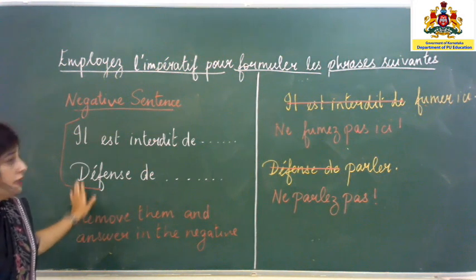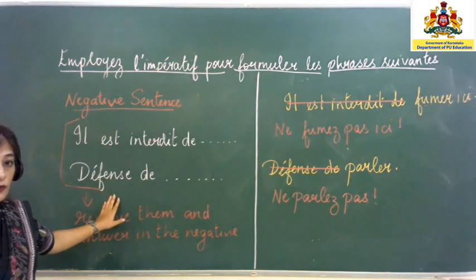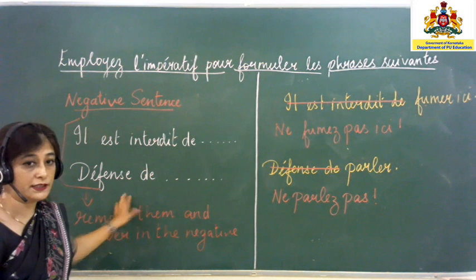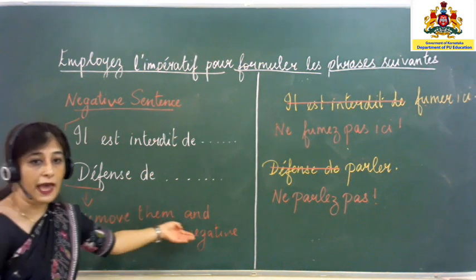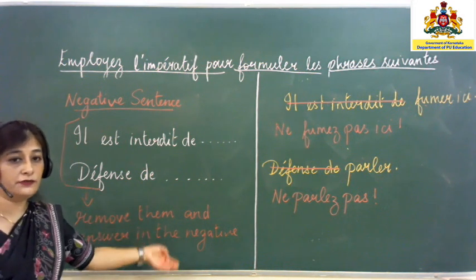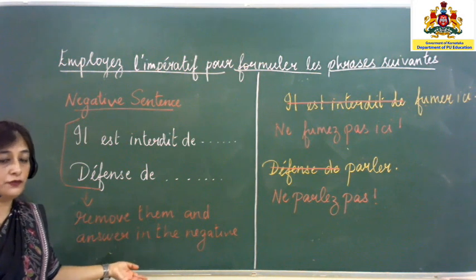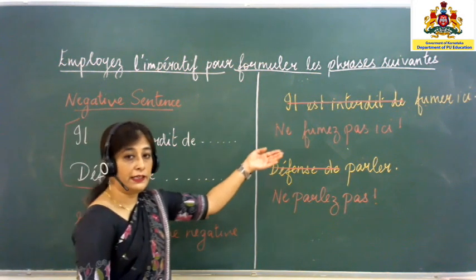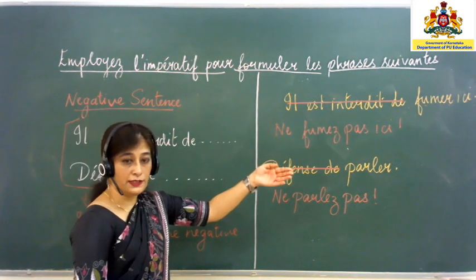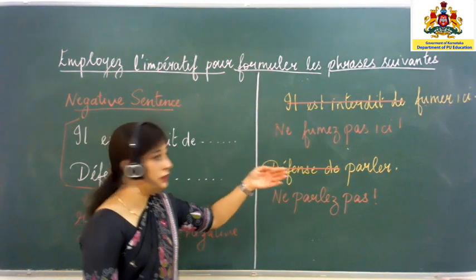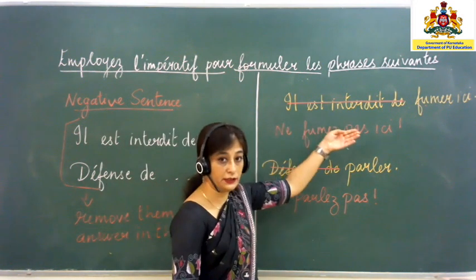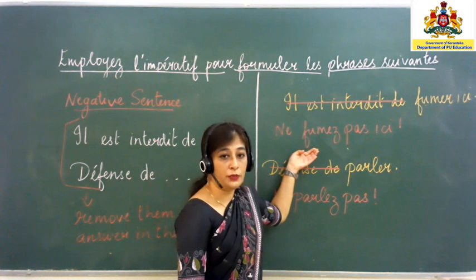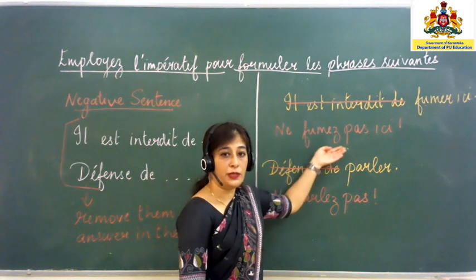When the phrase il est interdit or défense de are present in the sentence, remove them and change to the negative form or answer in the negative form. So examples are il est interdit de fumer ici. It is forbidden to smoke here, and we have removed il est interdit de and changed the verb fumer to the negative as ne fumez pas ici.